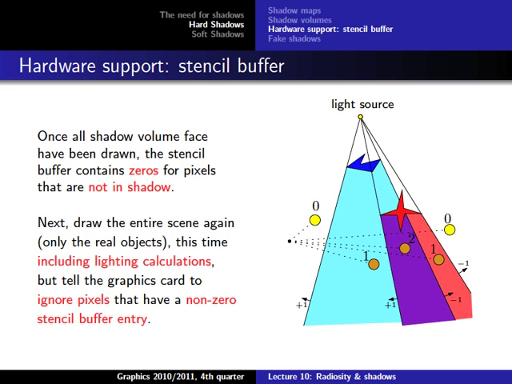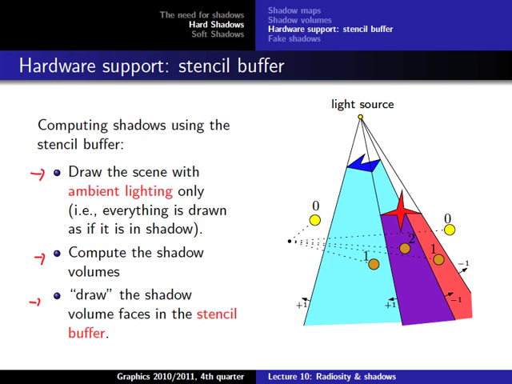If you look at each pixel, no matter in which order you check the volumes, in the end, if you always increment for incoming and decrement for outgoing, then you will in the end have a 0 if there is an equal number of front and back facing volumes in front of your object. And that is the point, in front of your object.